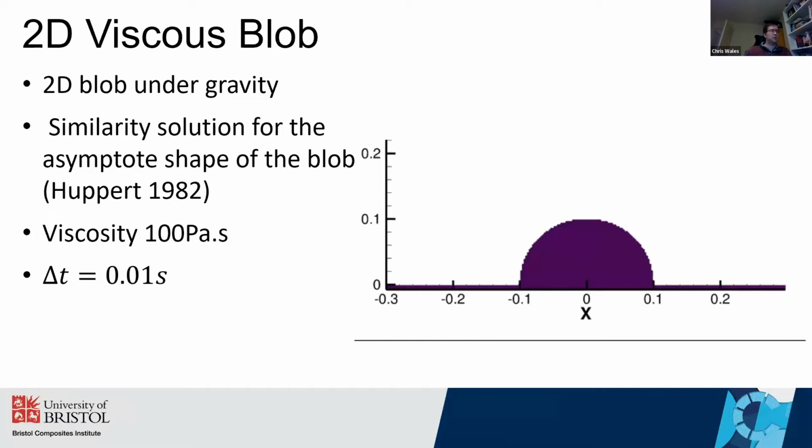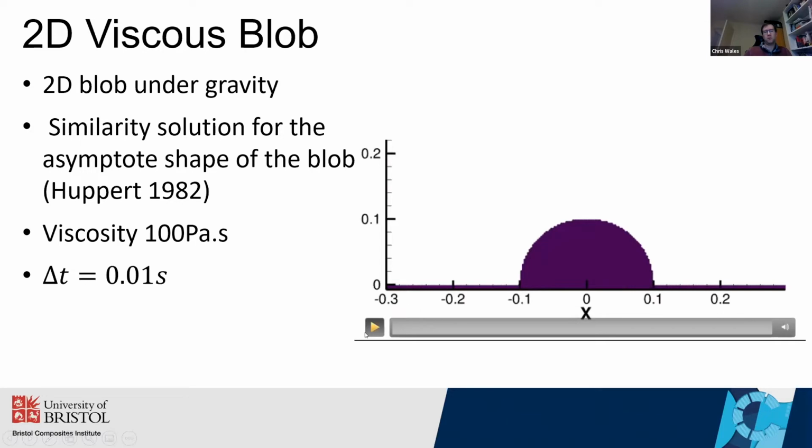So first, we're going to look at a 2D test case of just the resin only. So this is a 2D blob acting under gravity. And then there exists a similarity solution for the asymptotic shape of the blob. So we've got a viscosity of 100 Pascal seconds, a delta T step of 0.1 seconds, and this is a 10 centimeter radius blob.